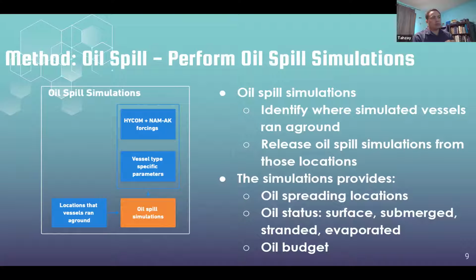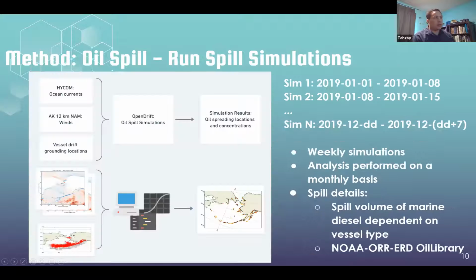So we got a really good handle on the oil budget moving forward through the simulation. It used the same inputs for ocean currents and the same inputs for wind, except at this point it was using the vessel drift grounding locations.